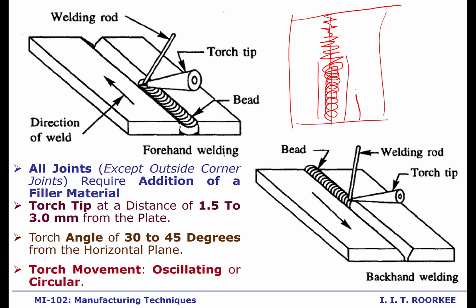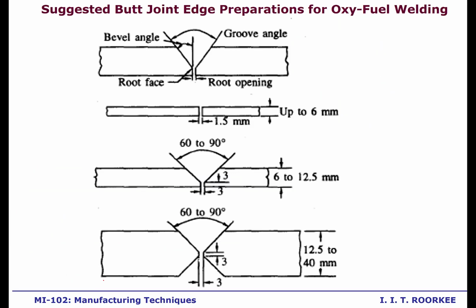If you simply move fast like this, then the heat input delivered to the base metal will be low. So oscillatory or circular movements can be given to the torch in order to realize sufficient heat input, sufficient width of the weld, and sufficient depth of penetration.